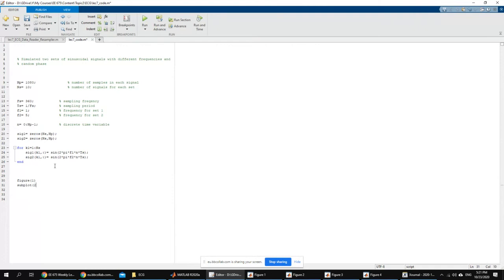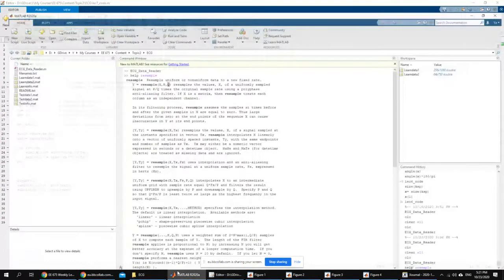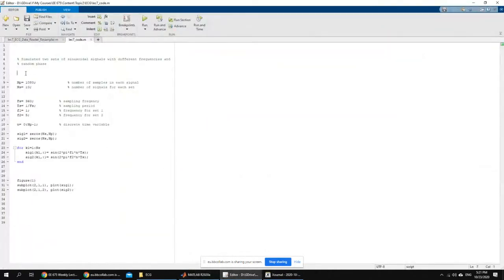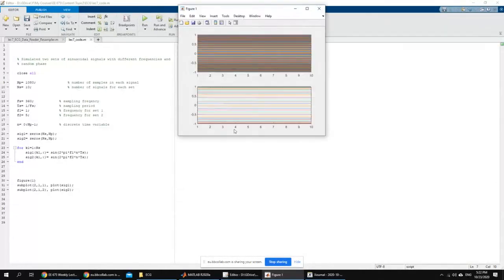I plot the two signals, plot sig1, and let's see what comes out. It's not going to be correct like this, but let me show it to you first. Let us close all first. Usually it's better to start with close all so that you don't have any open figures. Does this make any sense to you?